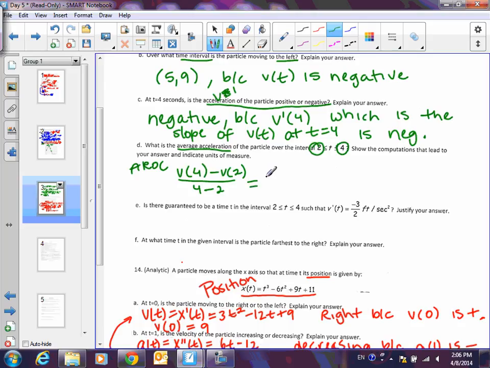So v of 4, what is that? 6. V of 2, 9. So this ends up being negative 3 over 2. It does say indicate units of measure, and that's going to be feet per what? Second squared. How do you know it's second squared?